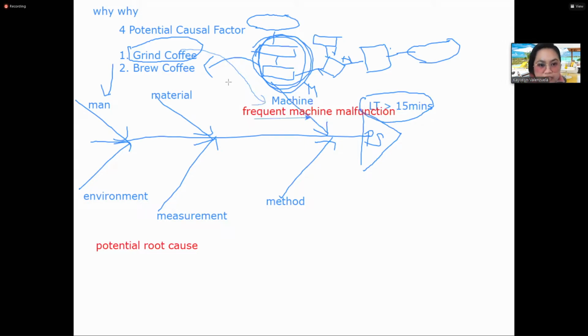So, yun yung next why natin. Outdated yung machine dahil walang maintenance, tama? So, frequent machine malfunction, so not maintained well. Tama yung mga sagot nyo. So, yung not maintained well can be your first PRC, tama?